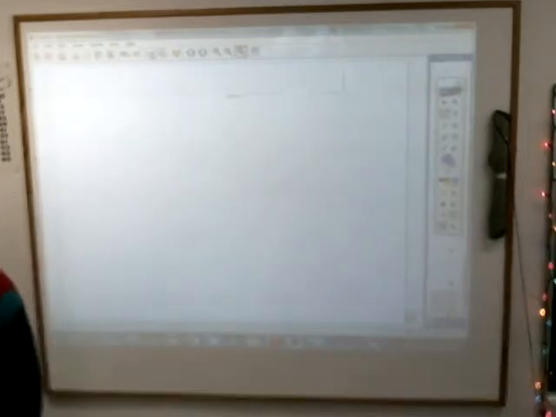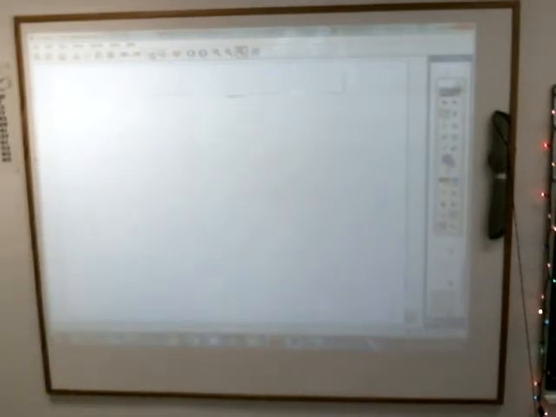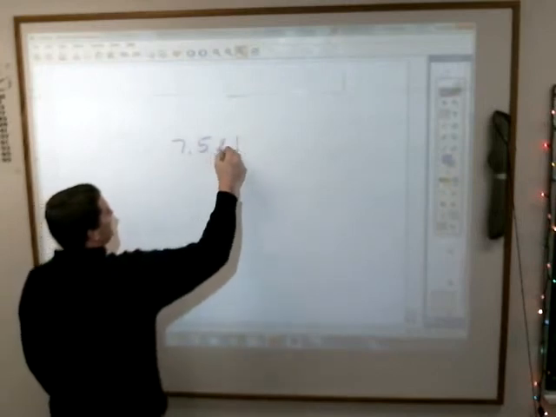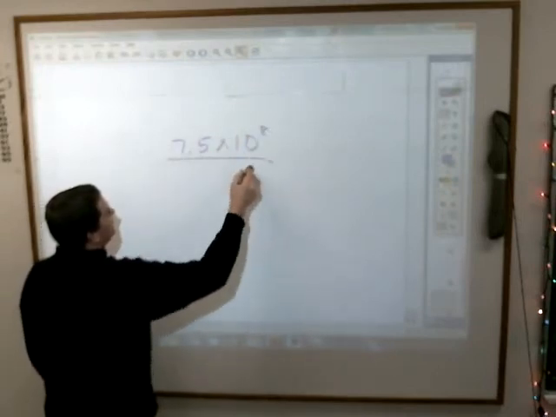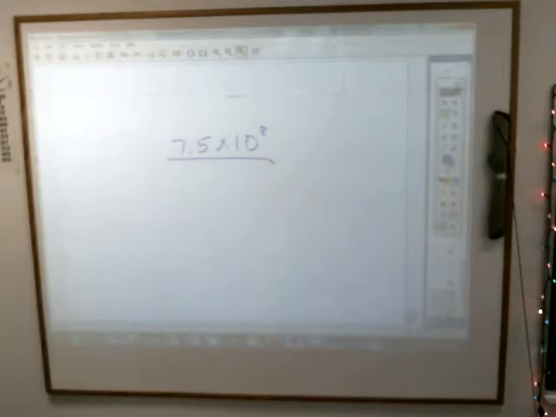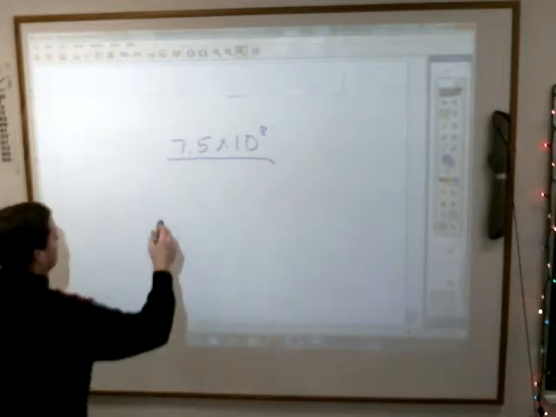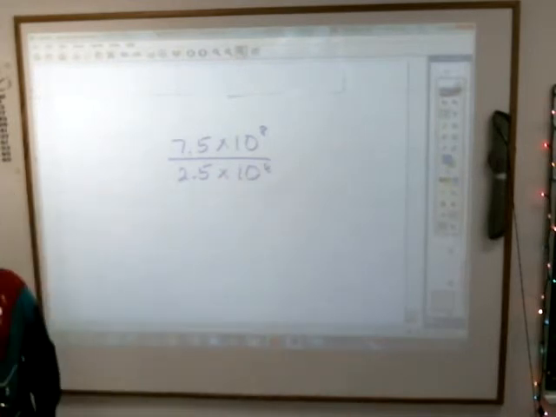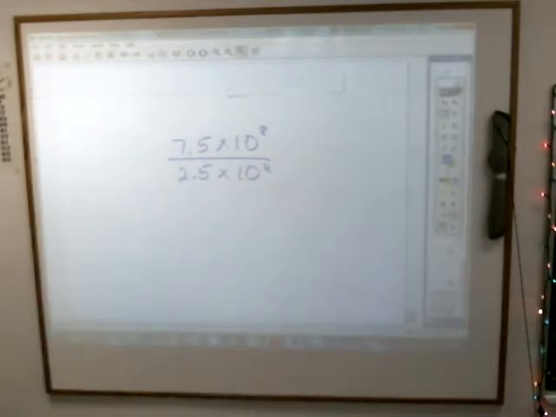Here's one for you to try, and I'm sure you'll be incredibly ecstatic about it. 7.5 times 10 to the 8th power, all divided by 2.5 times 10 to the 6th. I'll give you 30 seconds or less.